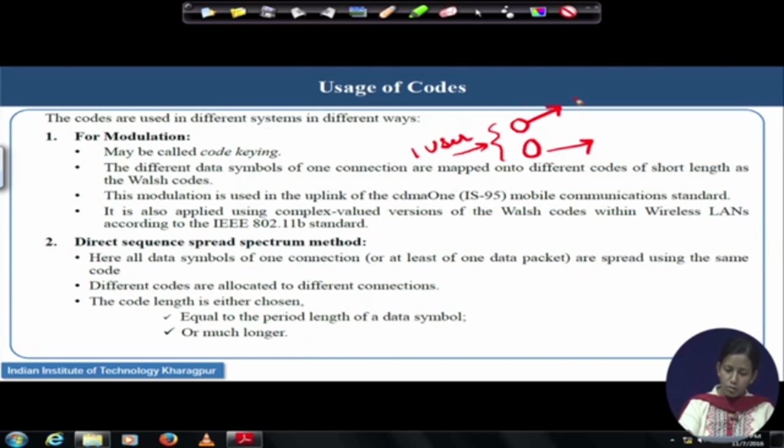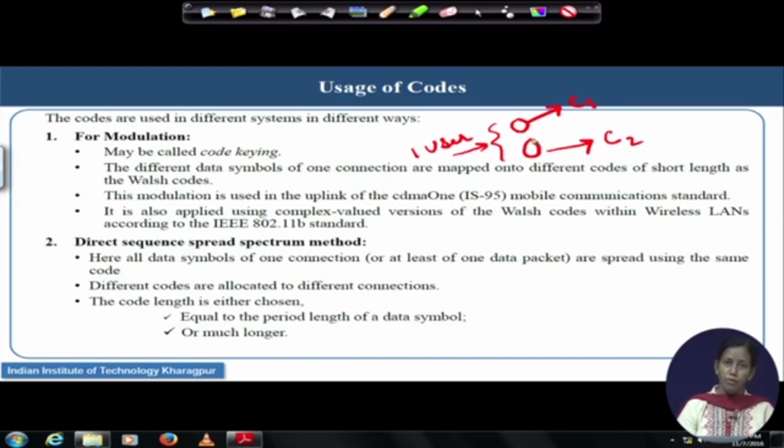This symbol utilizes code 1 and that one utilizes code 2. So for several symbols you have one dedicated code each. It is a code modulation, so it is called code keying.